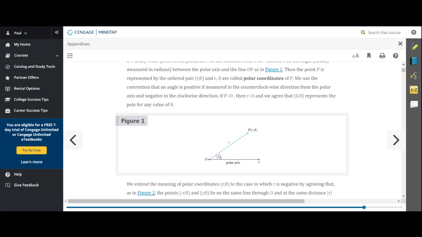And so that gets you the point, the polar coordinate r, theta at point P. All right. Are there any questions on figure 1 from the ebook?